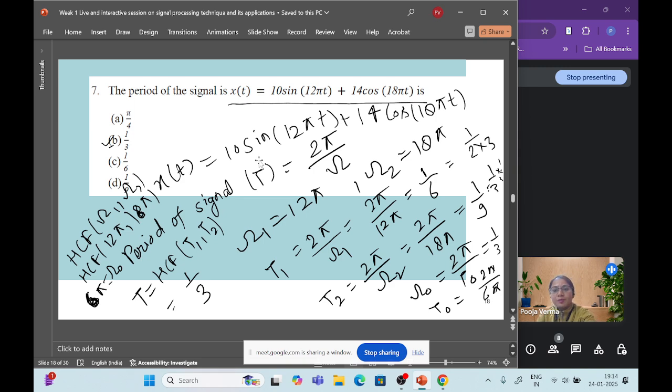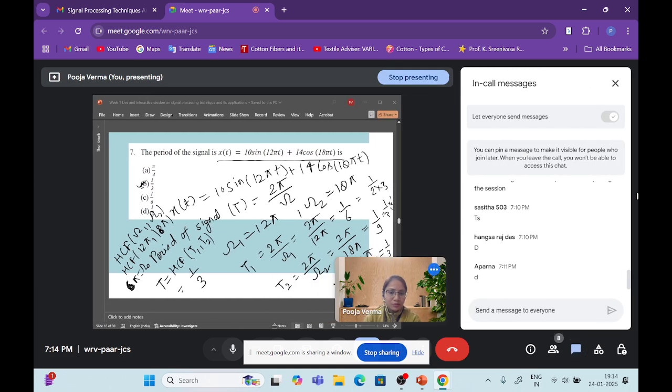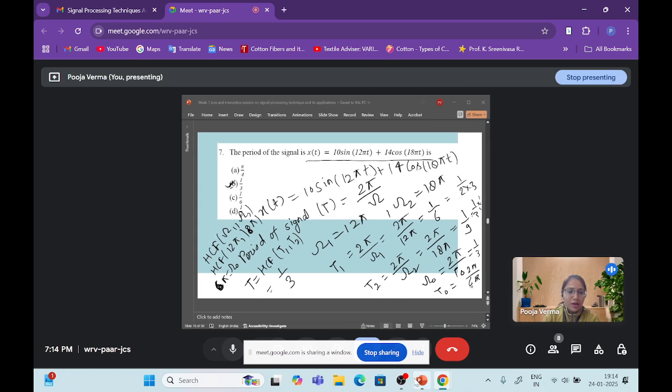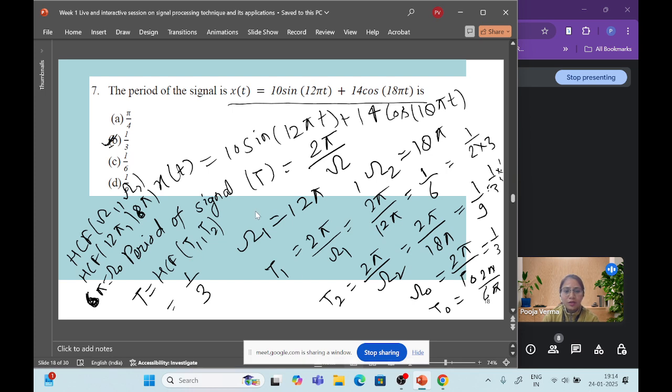So option B is the correct answer for this question. I hope all of you have understood. It's not 1 by 9, option B is the correct answer, not D. We have to take a common factor to find the period of a signal.